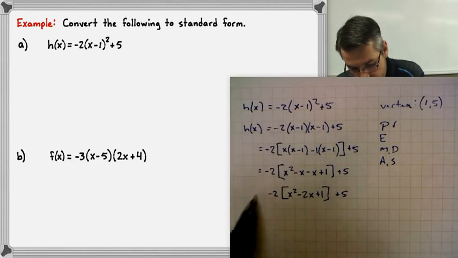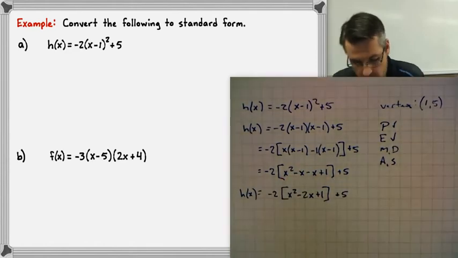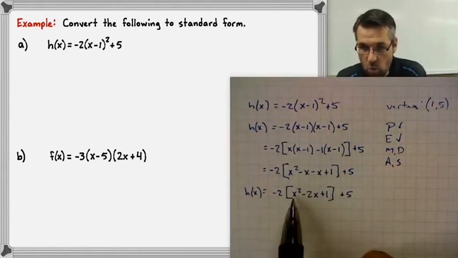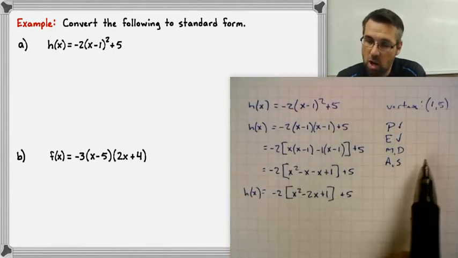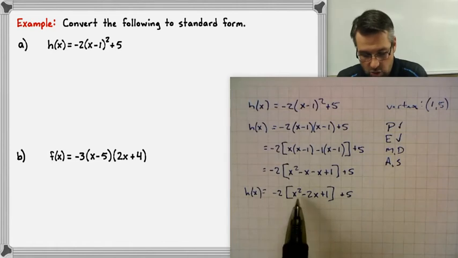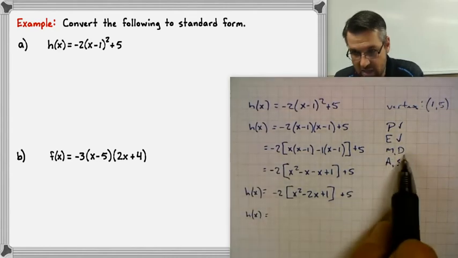So h of x. So now we have dealt with the exponents properly. We multiplied the x minus 1 squared, and we got this. If you want to do that as scratch work off to the side, that's fine. I still would need to see your work, but then you just take what you get and plug it into the function. Then we move on to multiplication and division.